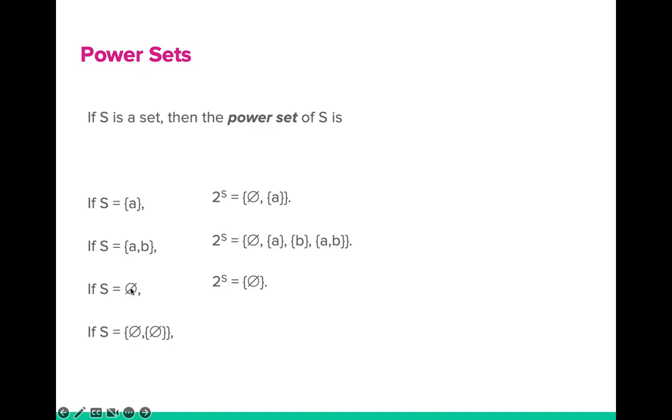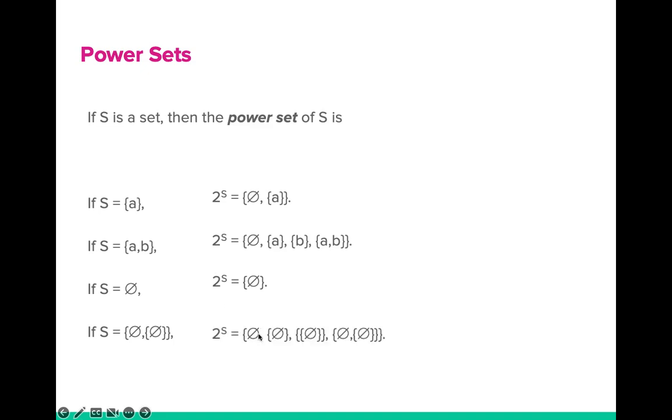So since this set S, an empty set, has 0 elements, that would be 2 raised to 0, that will give us a cardinality of 1.